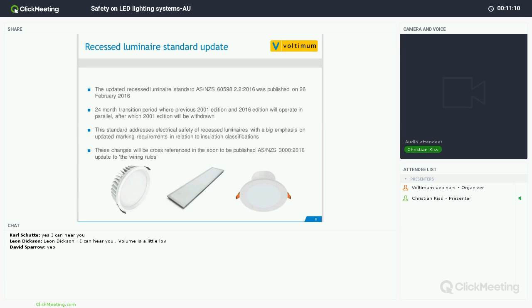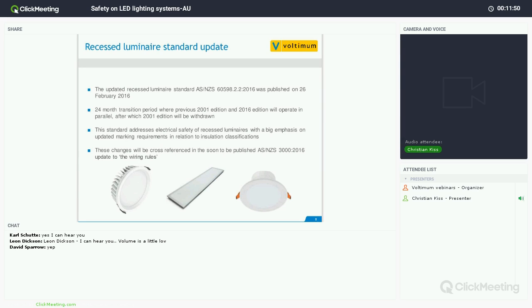With the implementation of the updates in the standard, there's a 24-month transition period where the previous edition, which is the 2001 edition, will operate in parallel with the updated standard. That effectively means it's a grandfathering clause for any old luminaires and products that are out in the market to be sold through and cleared. Realistically, any new product should be following the new standard and the marking requirements that I will be touching upon in the next slide.